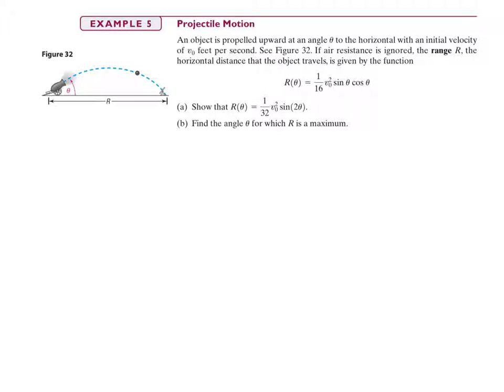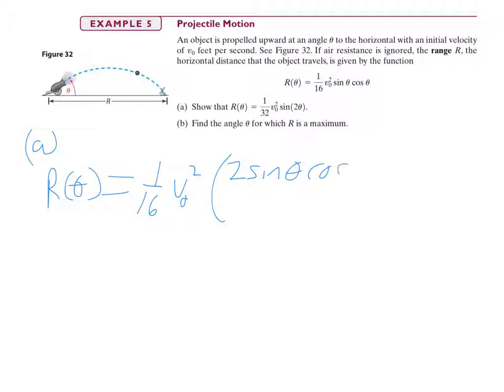Now, if you notice we have a sine theta times cosine of theta, so our formula for part A, we could rewrite as 1 over 16 times v sub 0 squared, and then that we could rewrite as just 2 sine of theta times cosine of theta over 2. Because remember, 2 times sine times cosine over 2, the 2's would cancel out, so you'd still have what you started with.